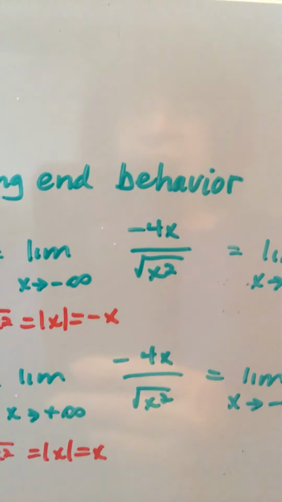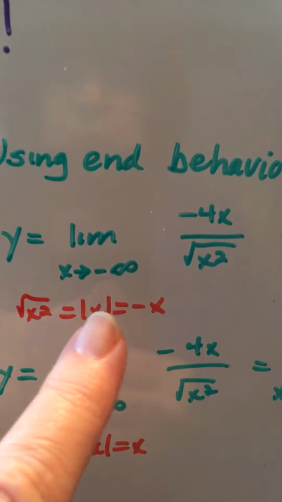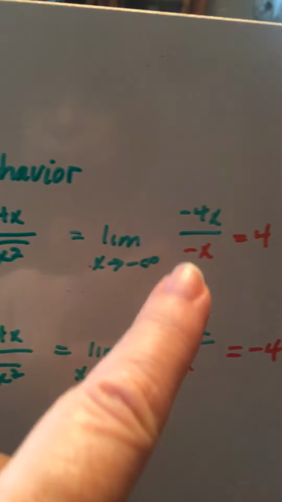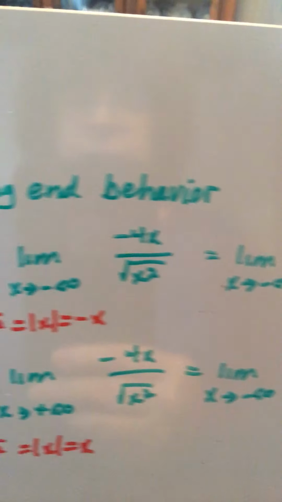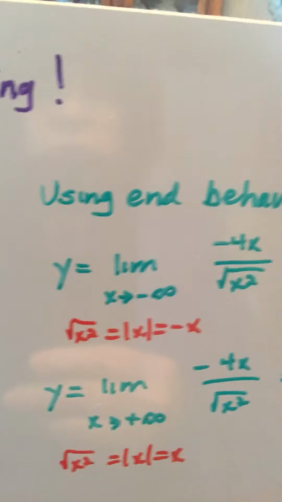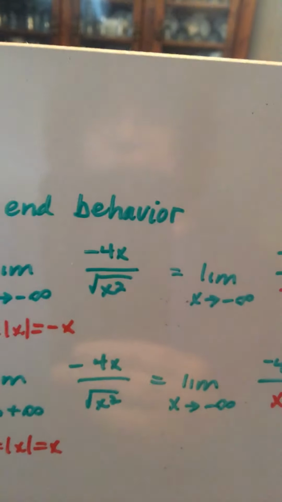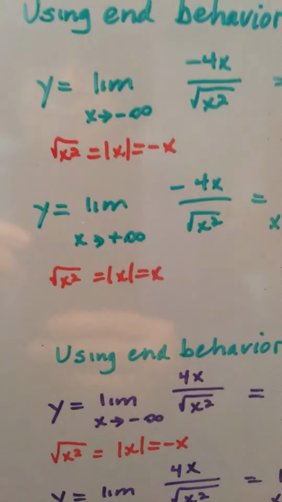So, looking at end behavior, as I approach negative infinity, when this is a negative number, I take the opposite. So my end behavior is -4x over -x, which says I have a horizontal asymptote of y equals 4 as I am heading to the left. What happens as I'm heading to the right?